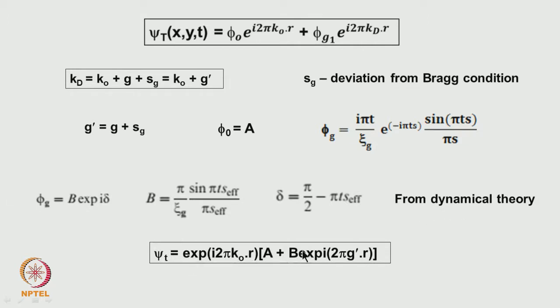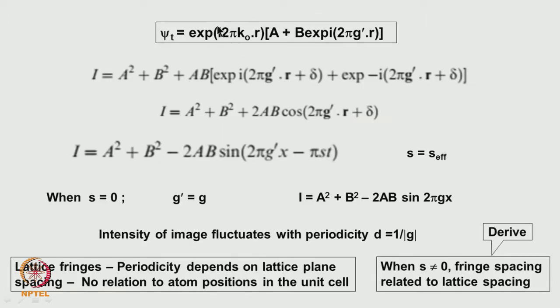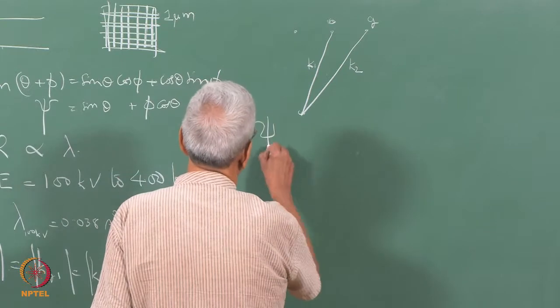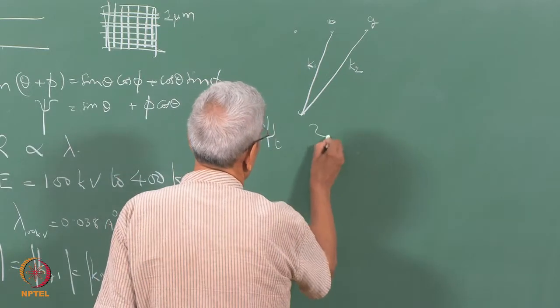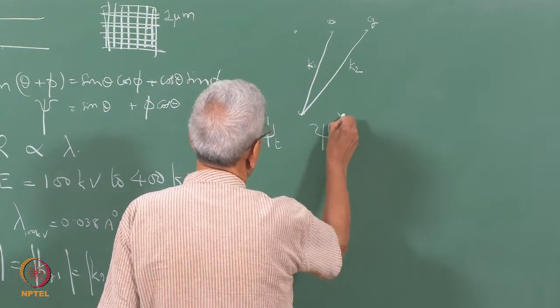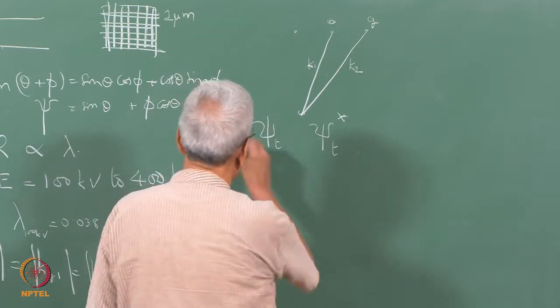If we substitute this, the expression turns out to be A plus B into exponential I. What is the intensity? We have got an expression for psi t. Now, we can find psi t star, because this is a complex function.